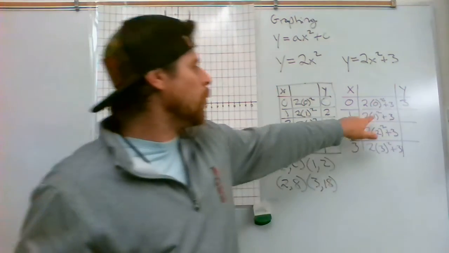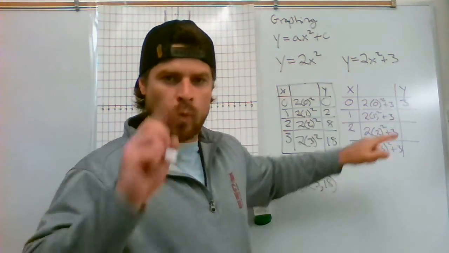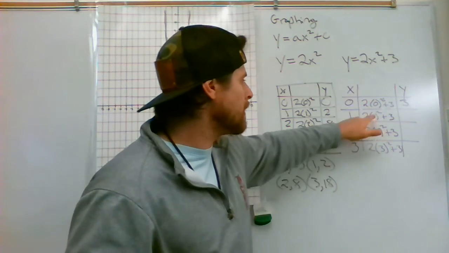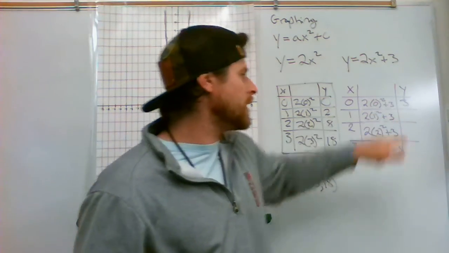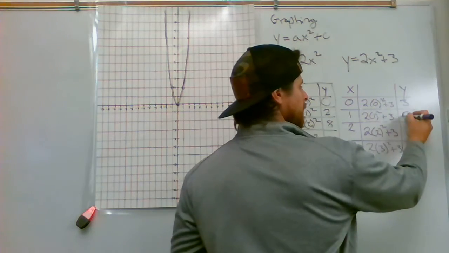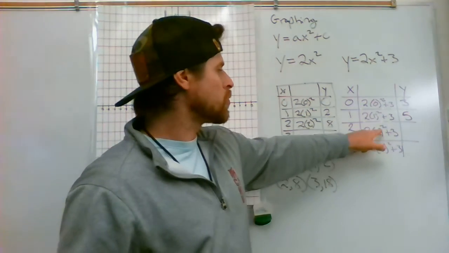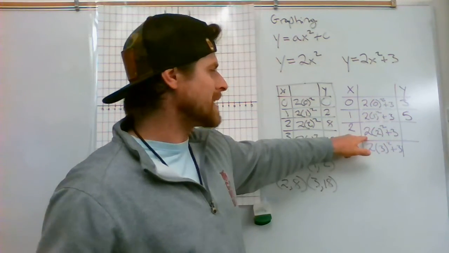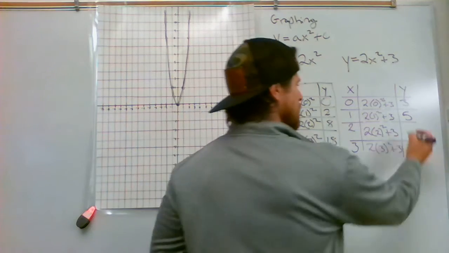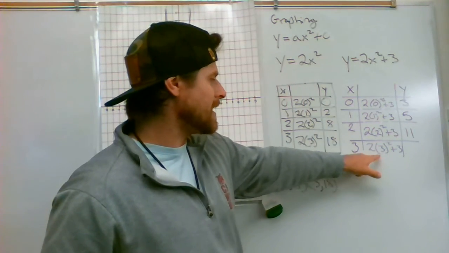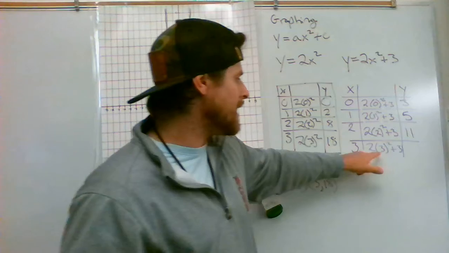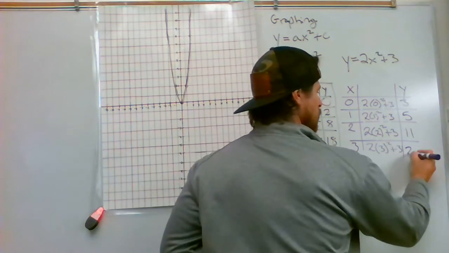Okay, 1 squared is 1 times 2 is 2, plus 3 is 5. 2 squared is 4, 4 times 2 is 8, 8 plus 3 is 11. 3 squared is 9, 9 times 2 is 18, 18 plus 3 is 21.